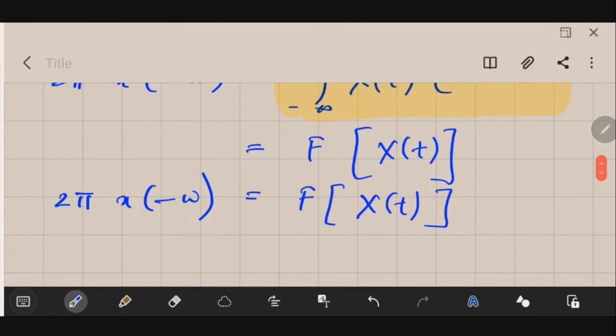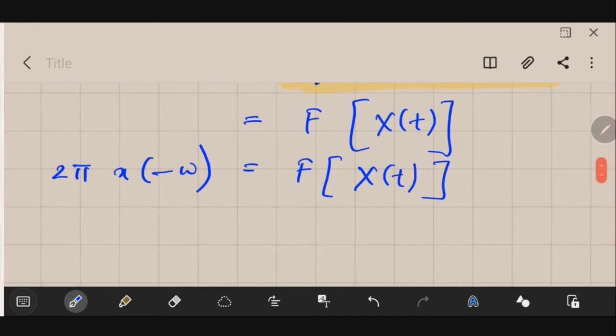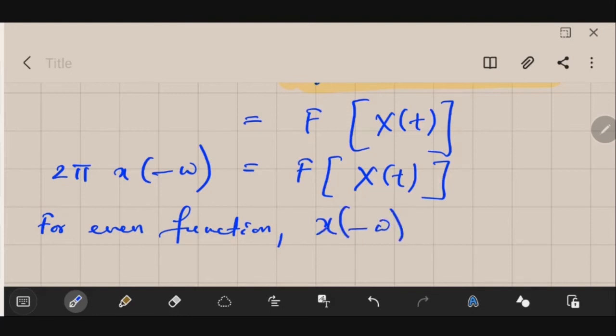So remember one thing: if the function x of t is even, then we know that x of minus omega will be equal to x of omega.